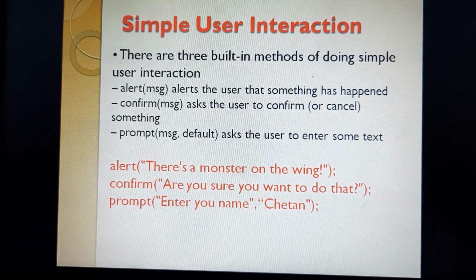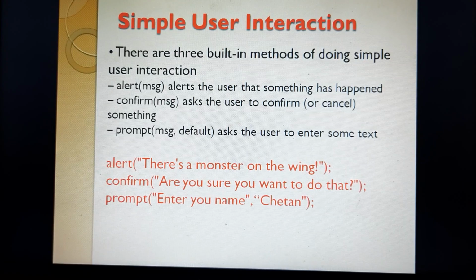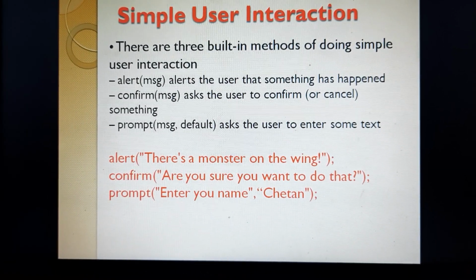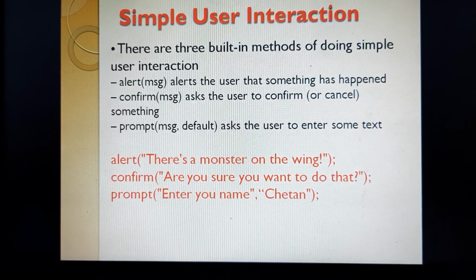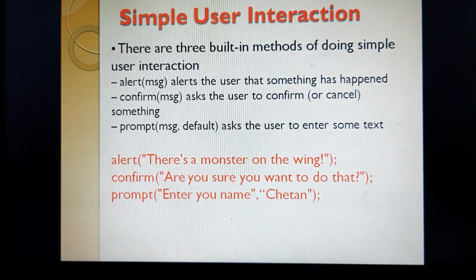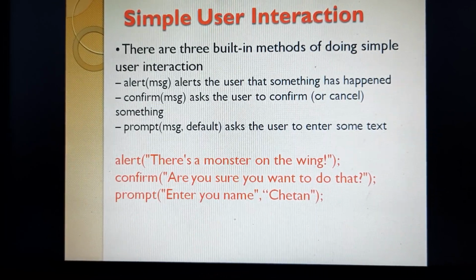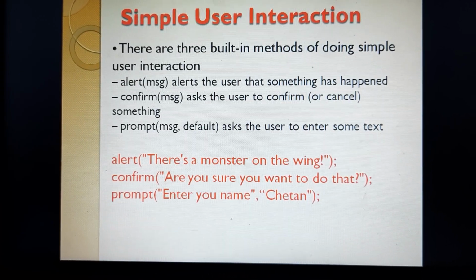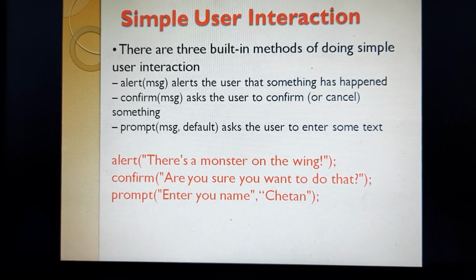Now here is simple user interaction. There are three built-in methods of doing simple user interaction. One method is the alert. The alert method will display a message when, while entering something, you have typed wrongly.